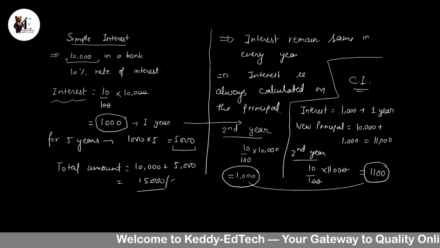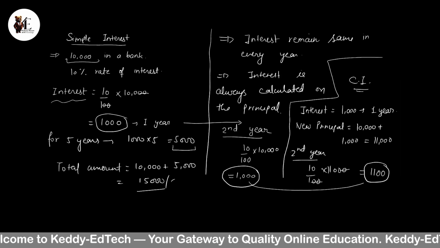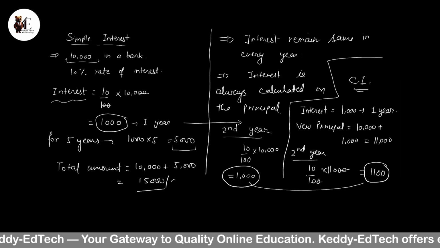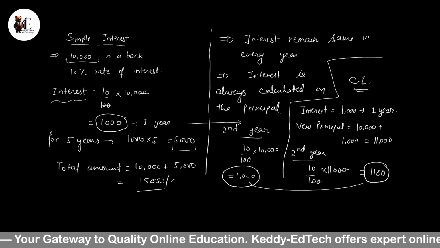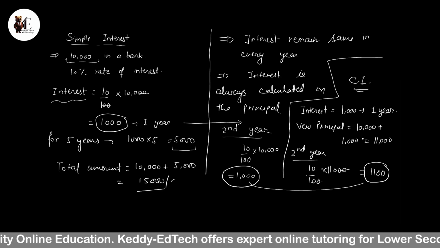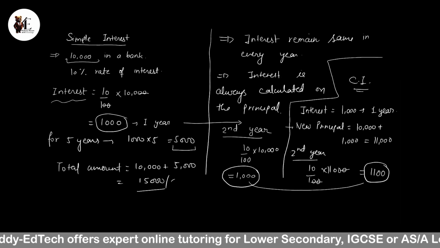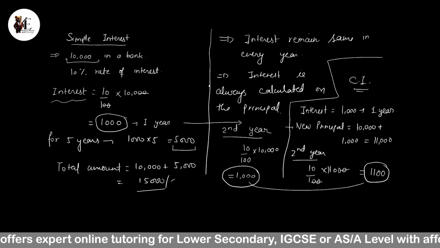So the principal keeps changing every year in case of compound interest, because the interest received in the previous year gets added to the principal, and then for the next year, interest will be charged on the new principal, like principal plus the previous interest. So that's the main difference.